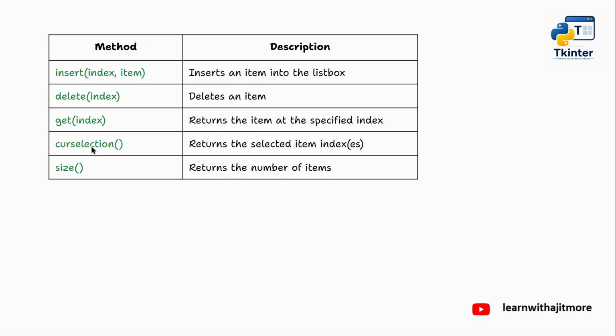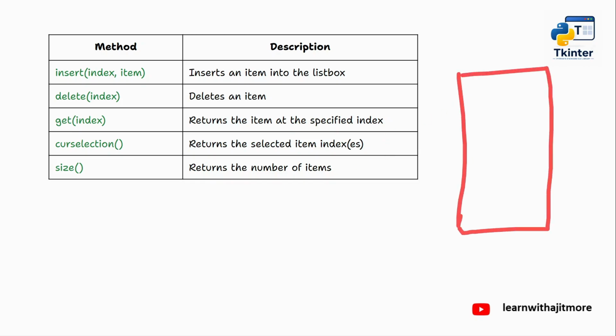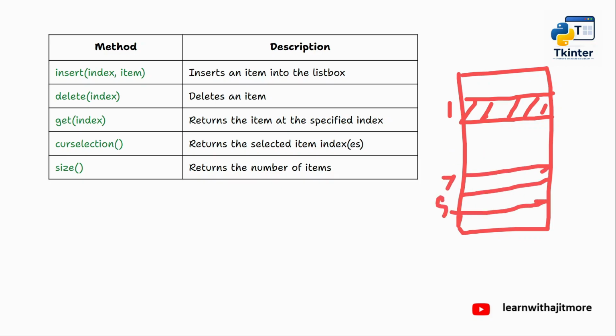There can be chances that multiple items are selected. Yes or no? There can be multiple items selected. For example, the item at the 1st position is selected. If your selection mode is multiple, suppose the items at the 7th and 8th positions are both selected.